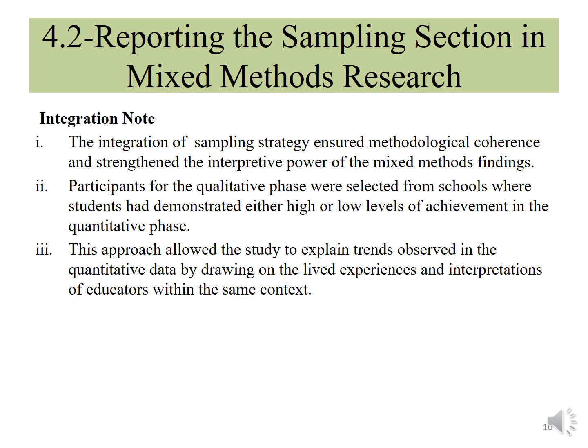The approach allowed the study to explain trends observed in quantitative data by drawing on the lived experiences and interpretations of educators within the same context. So, where the students were getting either a high level of achievement or a low level of achievement, their teachers from the same schools were interviewed to know the reason. See how both populations are connected with each other.